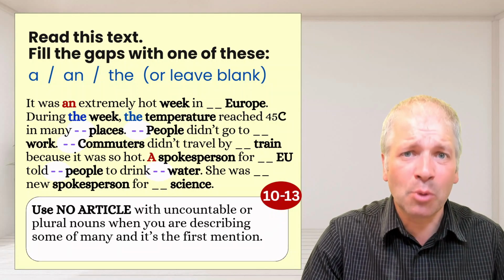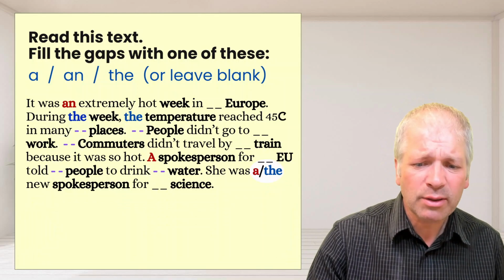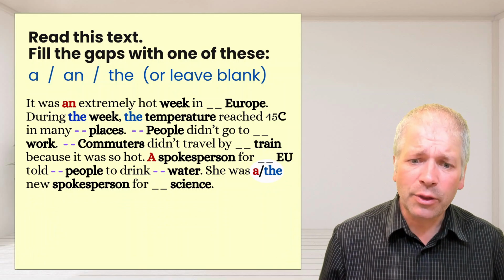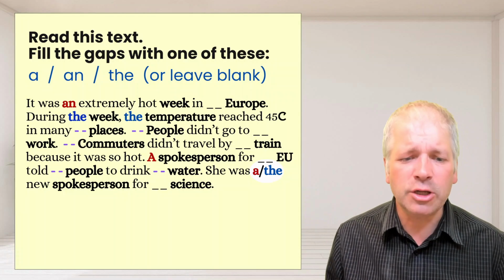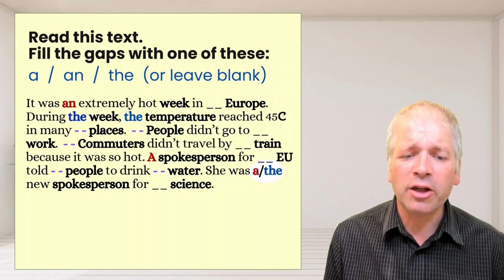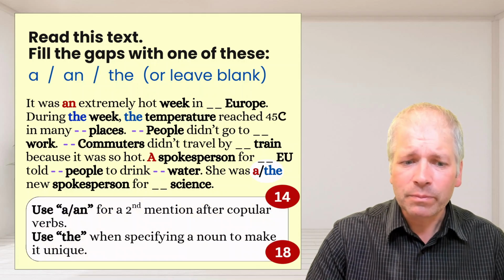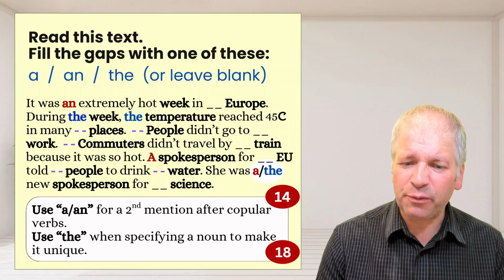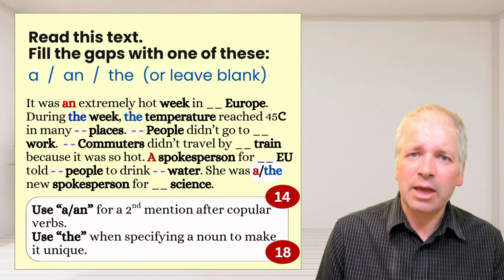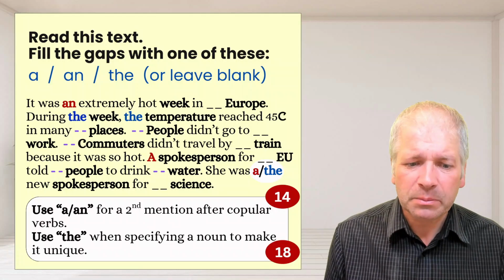Now let's go on to some more complex rules. You'll notice in the last line here that you could use either a or the to fill the gap. She was a new spokesperson or she was the new spokesperson. Why? We could use a and an. Well, here it would be a because it's before new, which is a word that starts with a consonant.